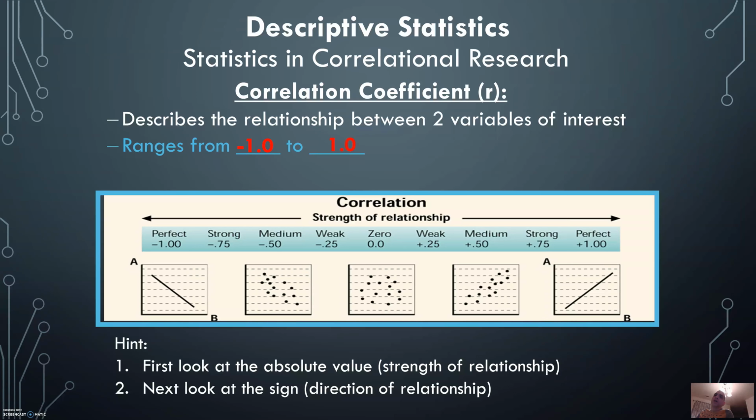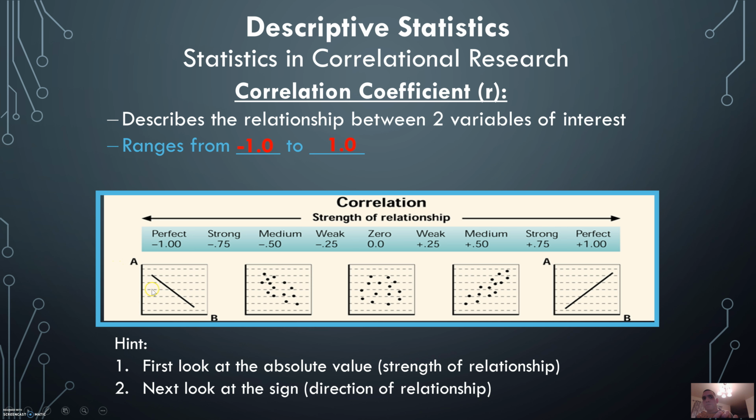Correlations. I don't know if I mentioned this in class, but the key with the correlation is the correlation coefficient, which is represented as R. Correlations represent the relationship between two variables, and they range from -1 to +1.